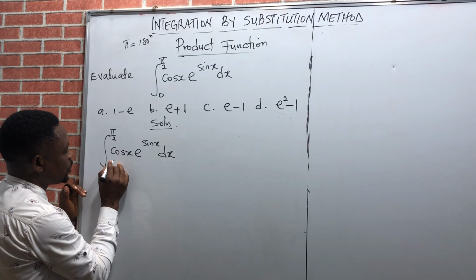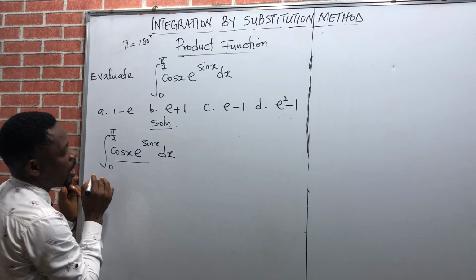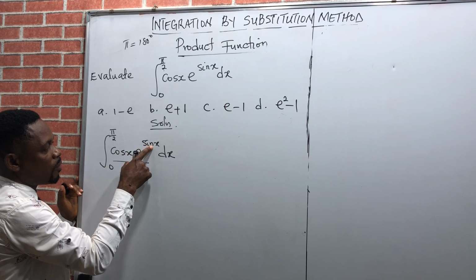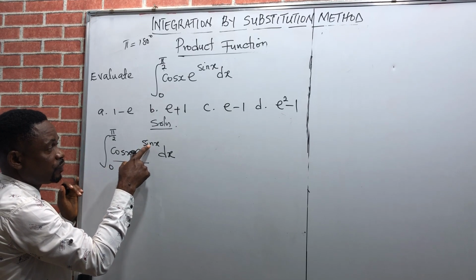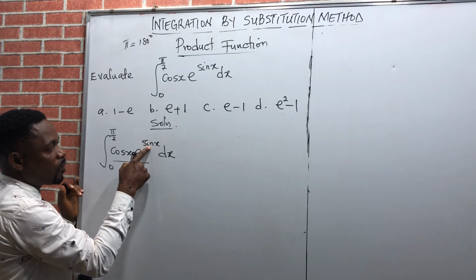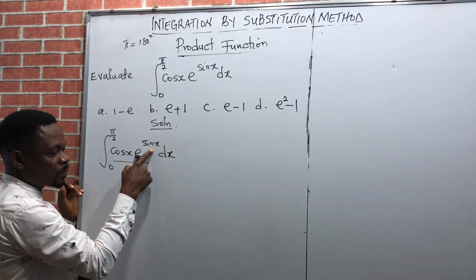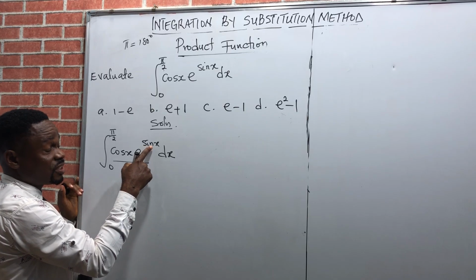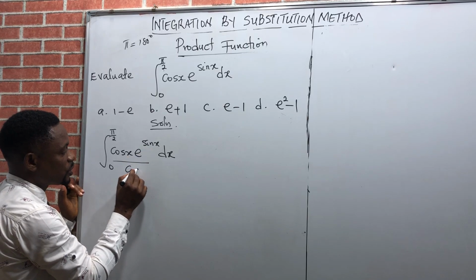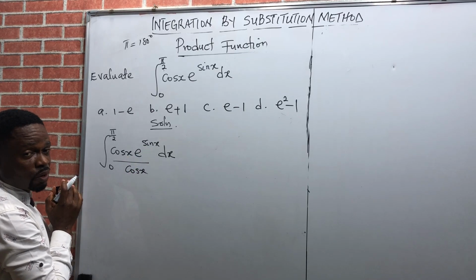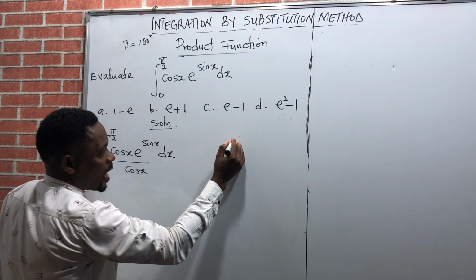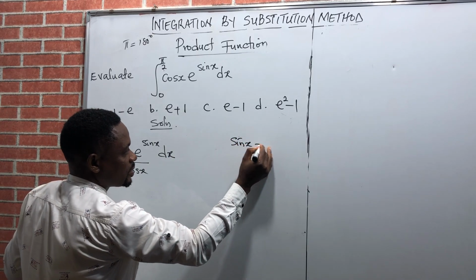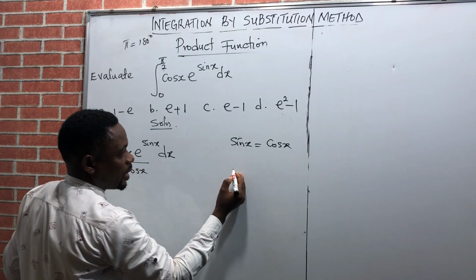Using the shortcut, you just introduce exponential and differentiate the power. That's the law. The power here is sine x. In differentiation, if you are asked to differentiate sine x, the answer is always cos x.